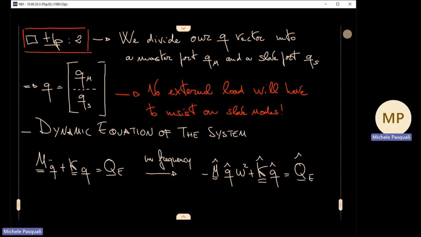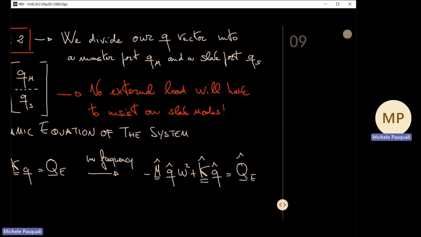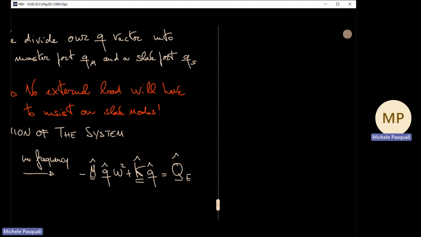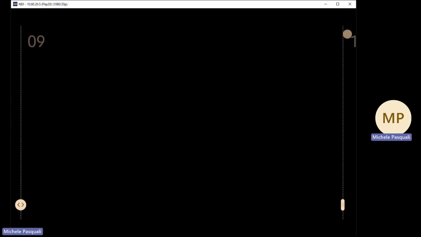I hope that this does not seem to be strange. Second order derivative with respect to time, when you do the Fourier transform, you get minus squared the circular frequency. All right.